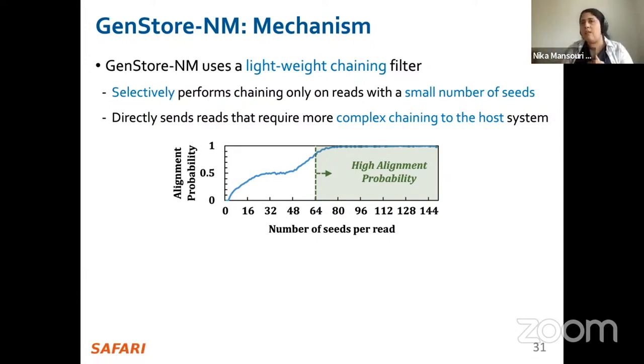So after this threshold, it's very likely. Of course, the design can also be set for different thresholds, depending on the organism or how much data you want to filter inside the SSD.